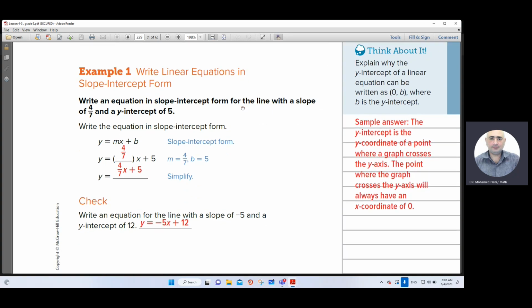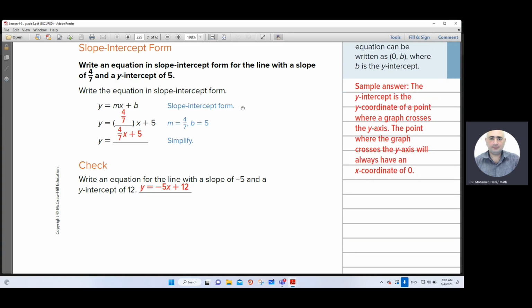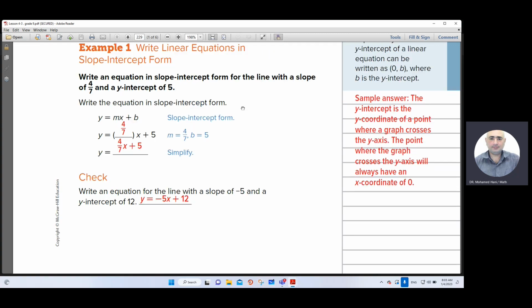And we solved this example. Write an equation in slope-intercept form for the line with a slope of 4/7 and y-intercept of 5.